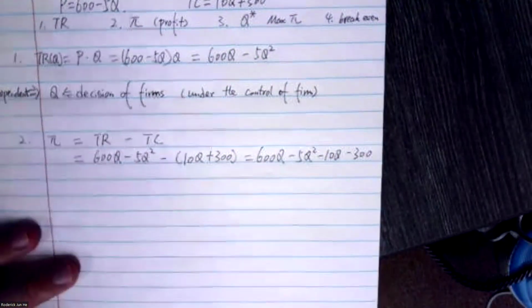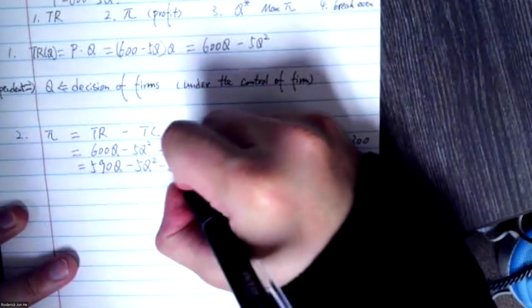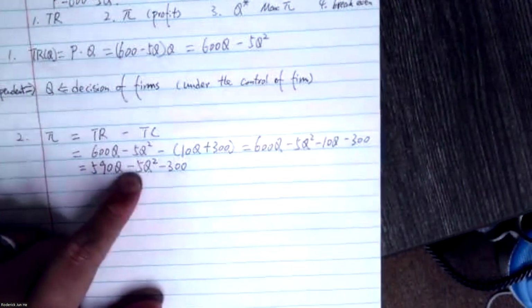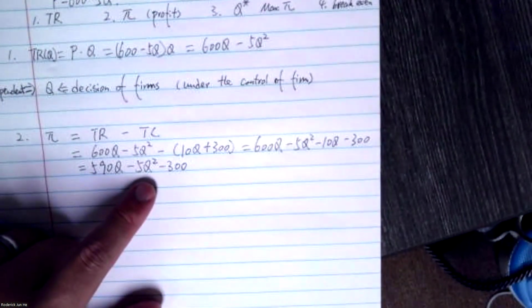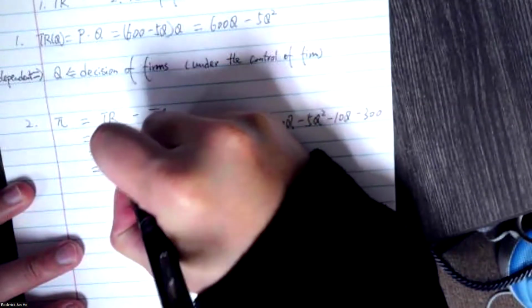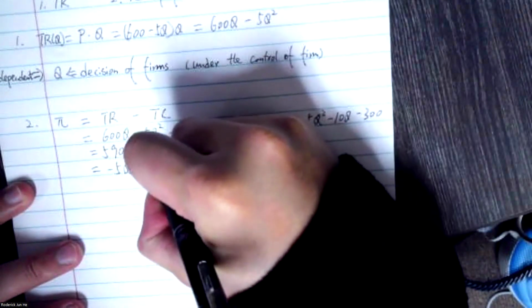And the result is 590Q minus 5Q squared minus 300. Or we want to rearrange it so that the power of Q is in descending order. So like this: minus 5Q squared plus 590Q minus 300.